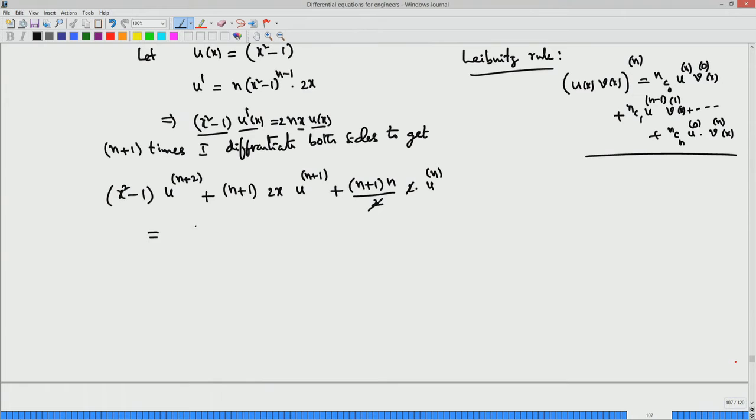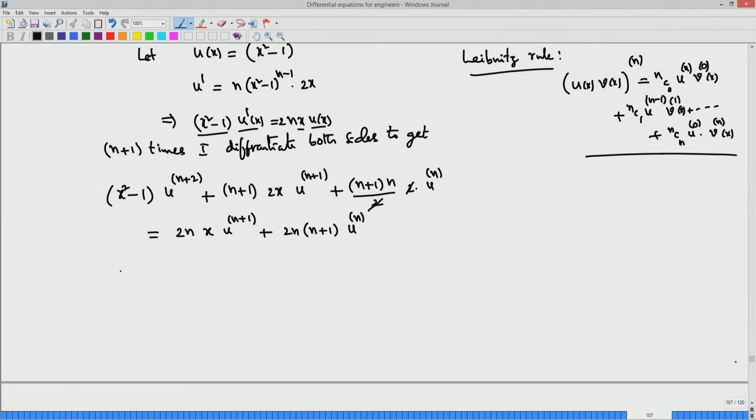It should be equal to the same thing with 2n: x times u^(n+1) derivatives, plus 2n, n+1C1, differentiate x once, that is 1, and differentiate u n times.